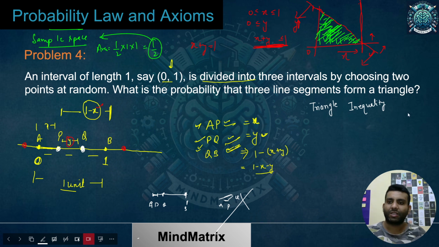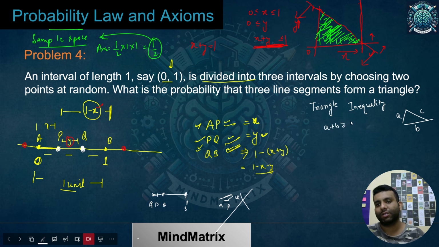Let's suppose I have a triangle, and this is side A, this is side B, this is C. I'm talking about the lengths. Always remember, the sum of two sides will always be greater than the third side. For a triangle, the sum of two sides must always be greater than the third side.